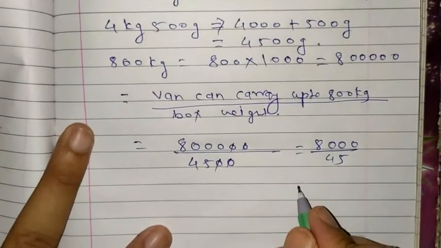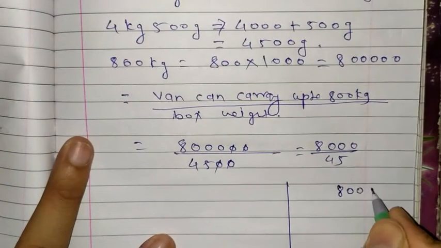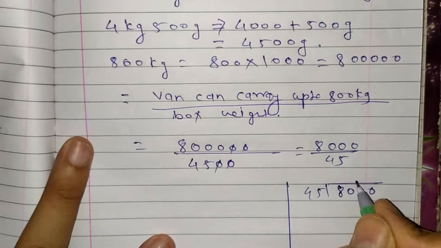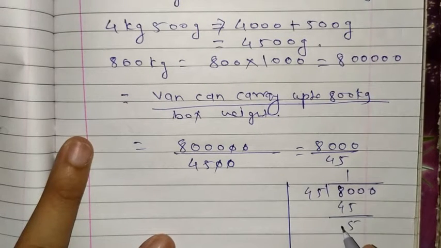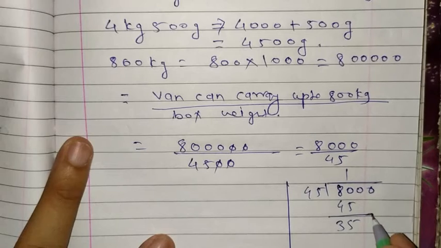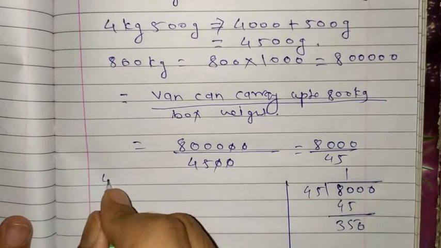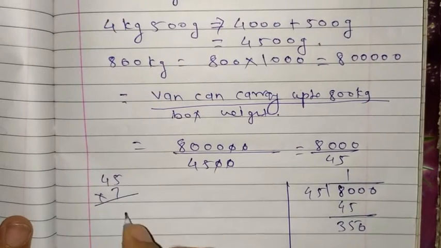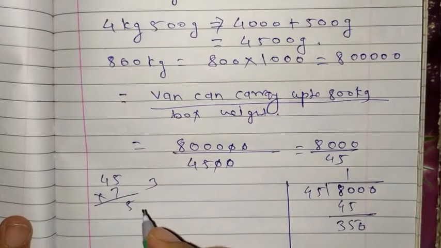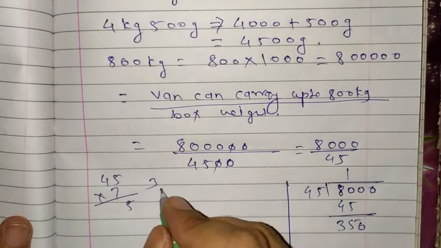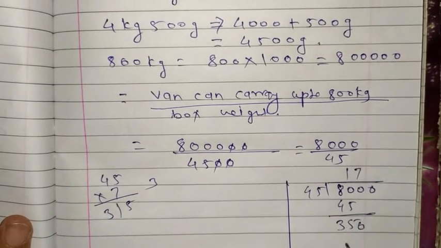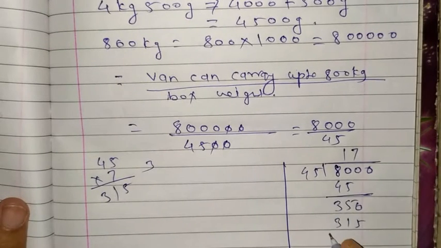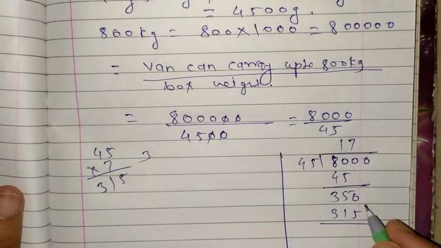Now we will directly do the division. 45 ones are 45, 10 minus 5 is 5, 7 minus 4 is 3, taking 0 from upside. Then we check 7 5s are 35, 7 4s are 28, 28 plus 3 is 31, so we get 315.